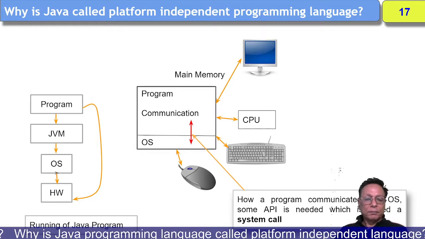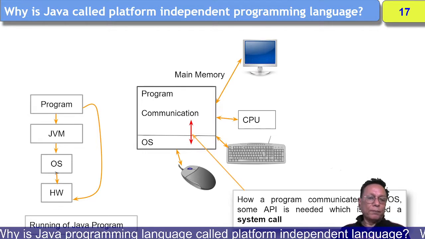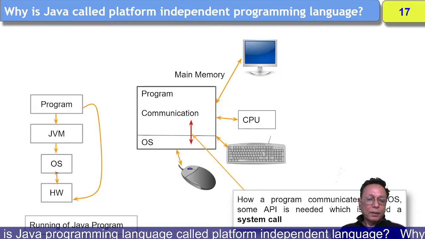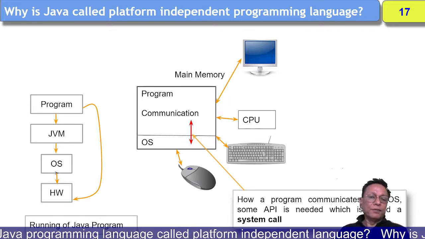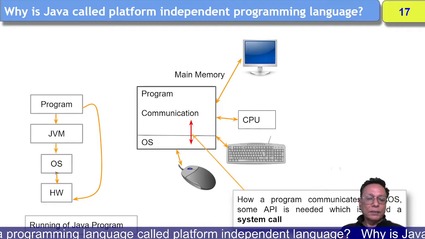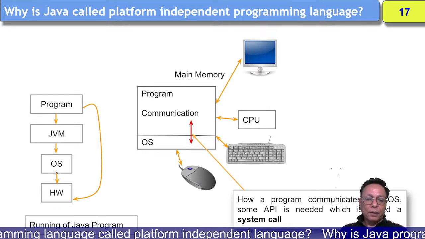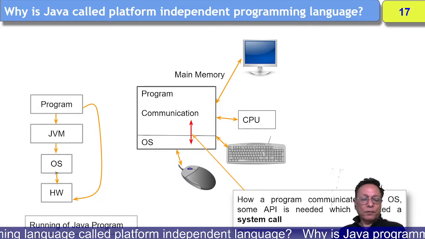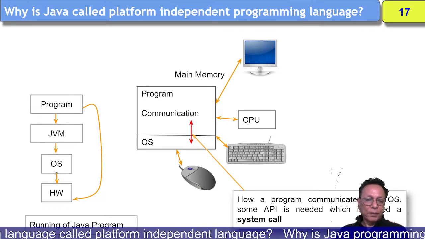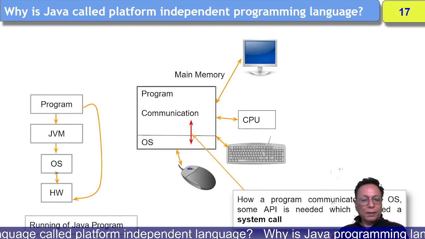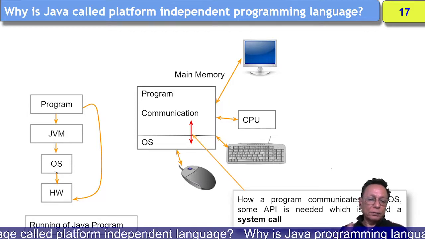The Java virtual machine creates the link between the program and the operating system, and the operating system manages all the available hardware. Whether this is Microsoft Windows, the API helps the JVM interact with the resources.